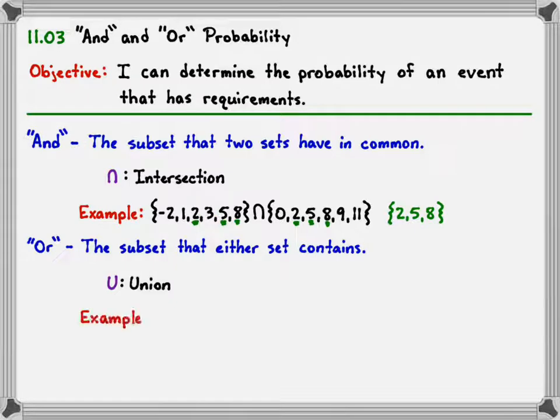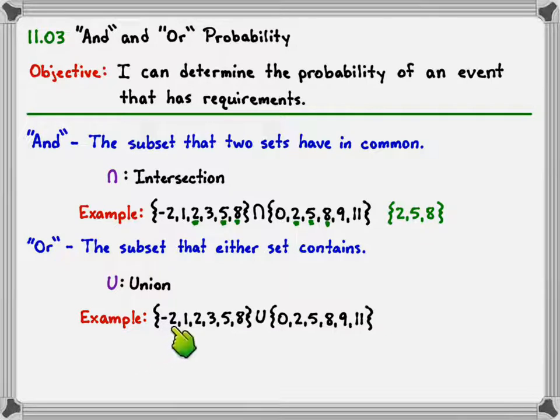And so let's go ahead and take a look at the same two sets of numbers, but change the symbol in between. So now we are looking for the union of these two sets. Well, what does union mean? Union means a number that is in either set. So here's the question. Is negative 2 in either this set or this set? Yes, it is. So it's part of the union.